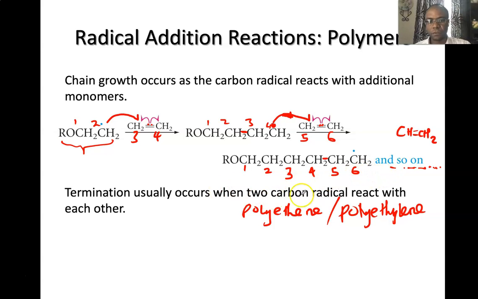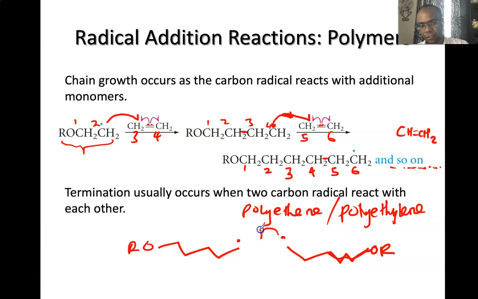Okay, so to terminate, you'll get the longest chains, these chains. So let's say, for example, you have this chain with the radical. I'm not showing the hydrogens. Combining with another chain. That's ugly, but you get what I mean.